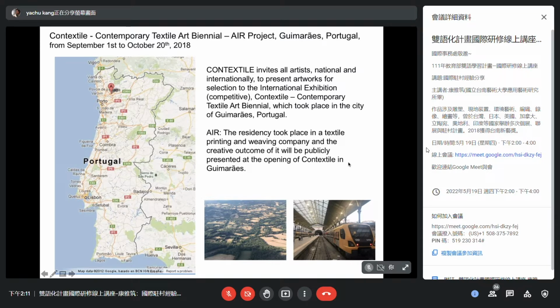For this art residency project, before the open call, they already announced that they wanted artists to work with a printing factory, a printing workshop, or a weaving company. So I submitted my proposal and I already knew what I was going to do. The main thing was to collaborate with the jacquard weaving company in Guimarães.